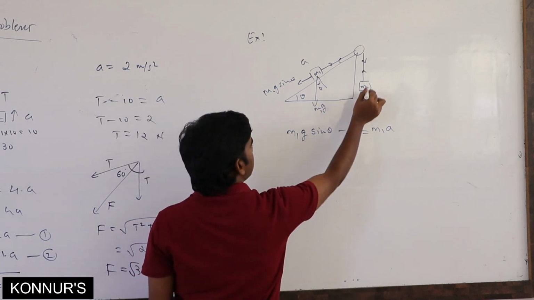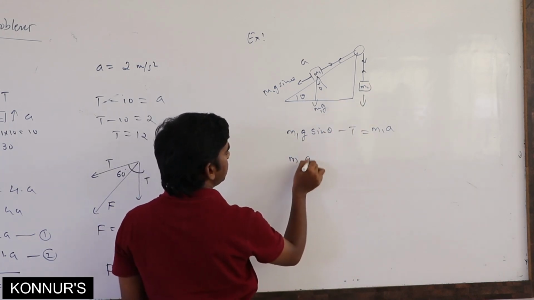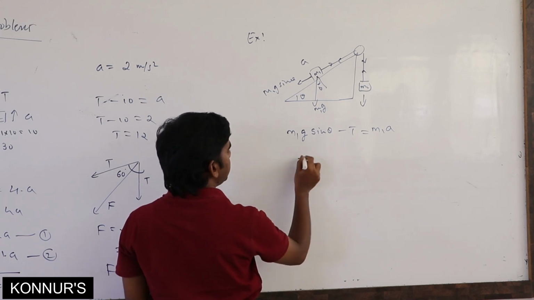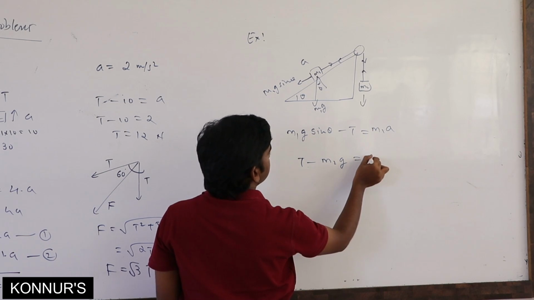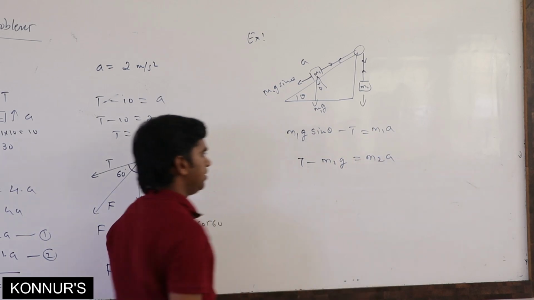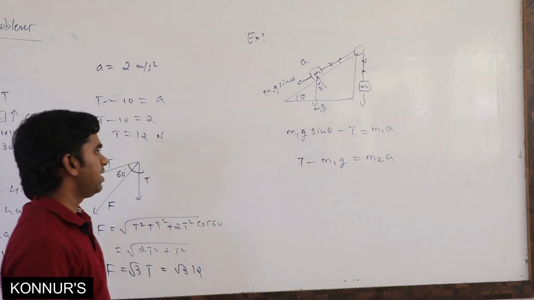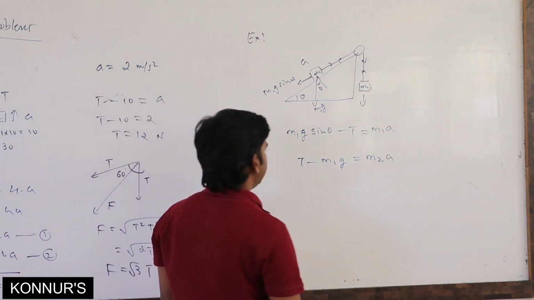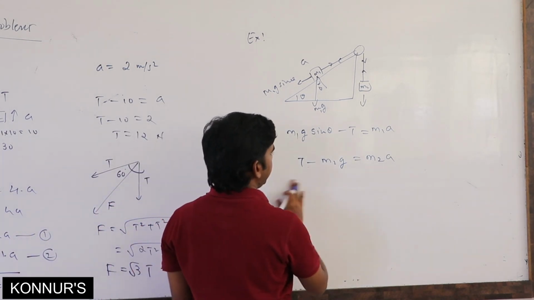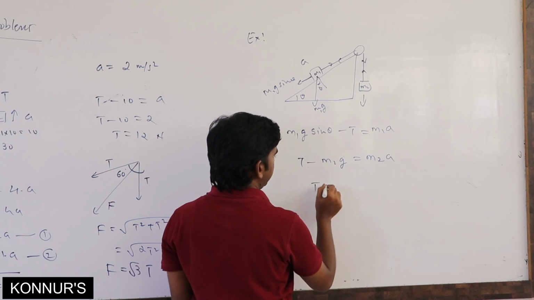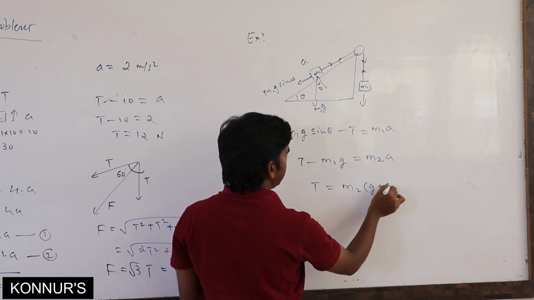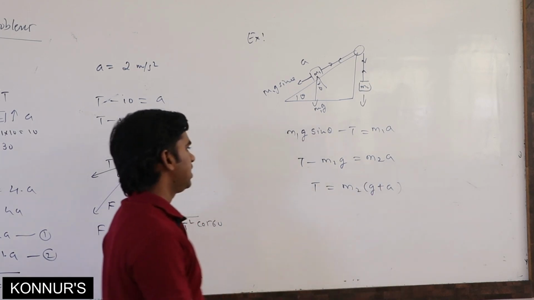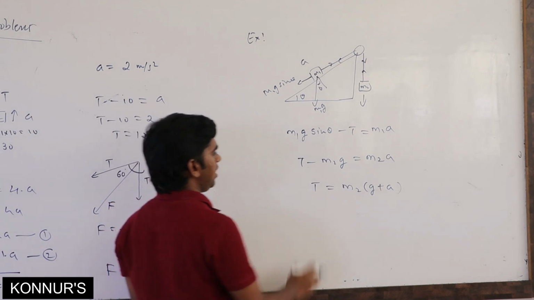Similarly here, downward force is m2 g, upward force is T minus m2 g equals m2 a. So what you can get as T is m2 into g plus a. T you are getting m2 (g plus a).